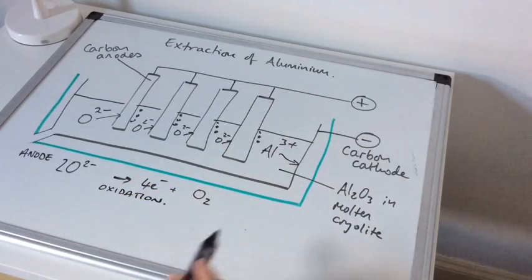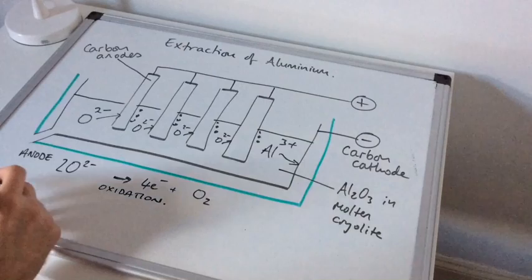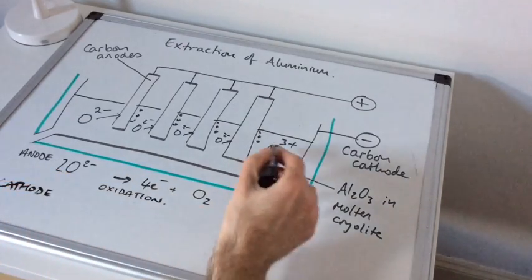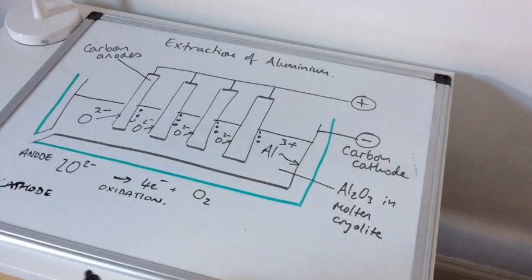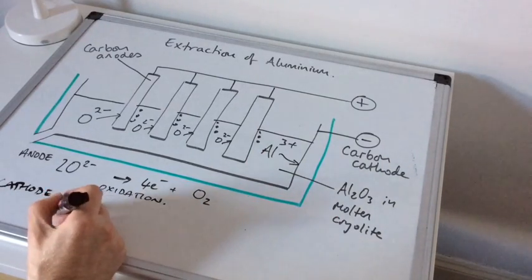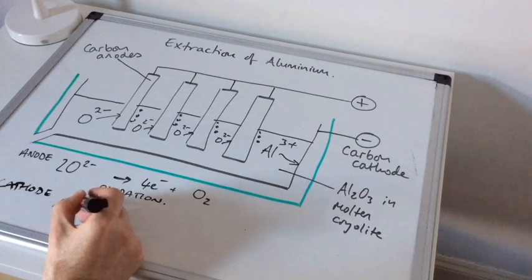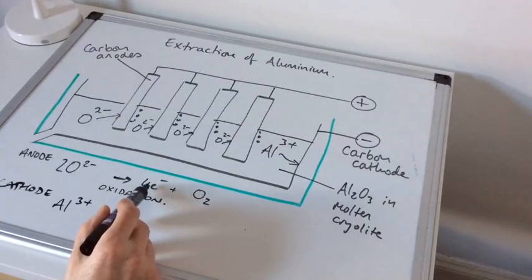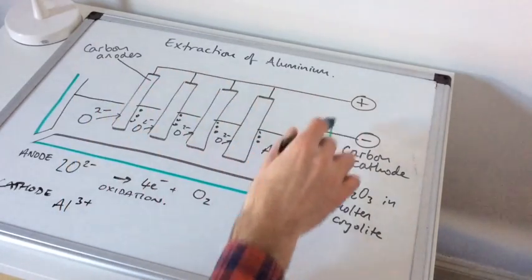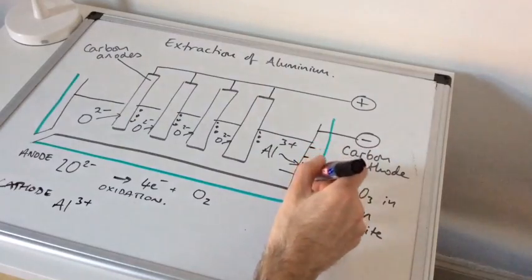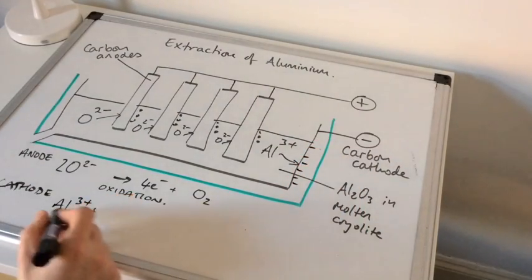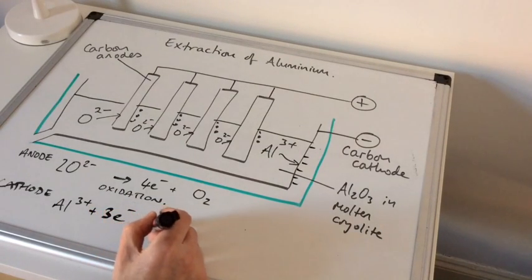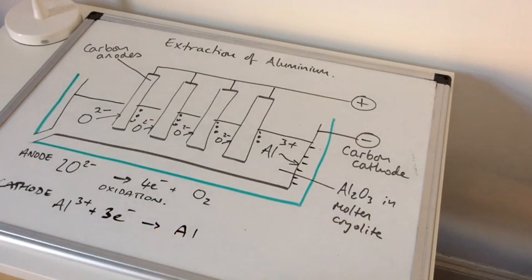If we look at what happens at the cathode now, the negative electrode, the aluminium ions, Al3+, are attracted to the negative electrode because of the opposite charges. The electrons that the oxide ions have lost are going to end up sitting on this negative electrode, and so an aluminium ion would gain 3 electrons and form an aluminium atom.